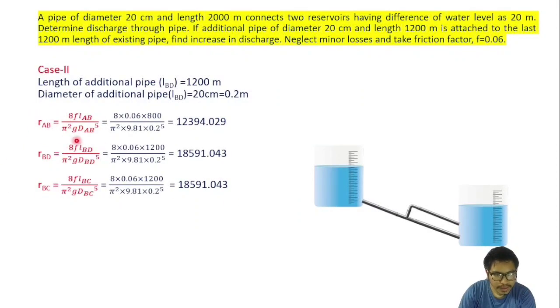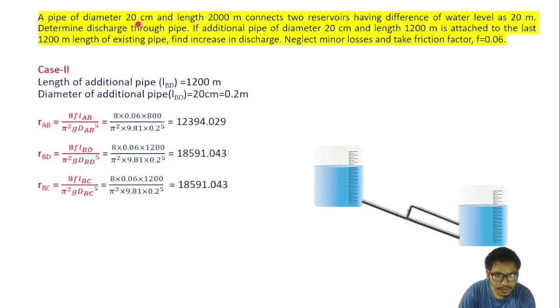So R is 8 f L upon pi square g d power 5. f is 0.06 in all three cases, and g is 9.81. Length of AB: since this is 2000, from here to here 2000, and from here to here it is 1200, so this is 2000 minus 1200, that is 800.